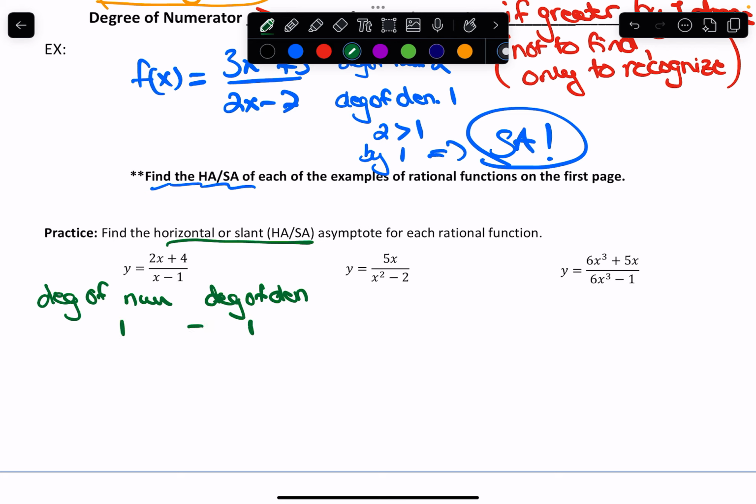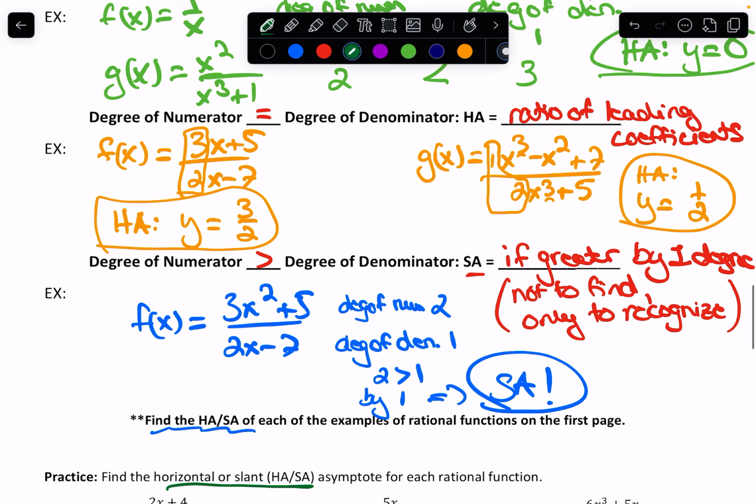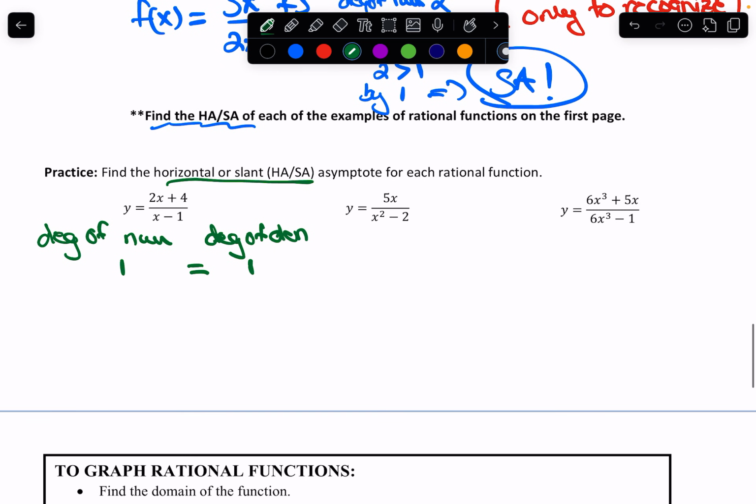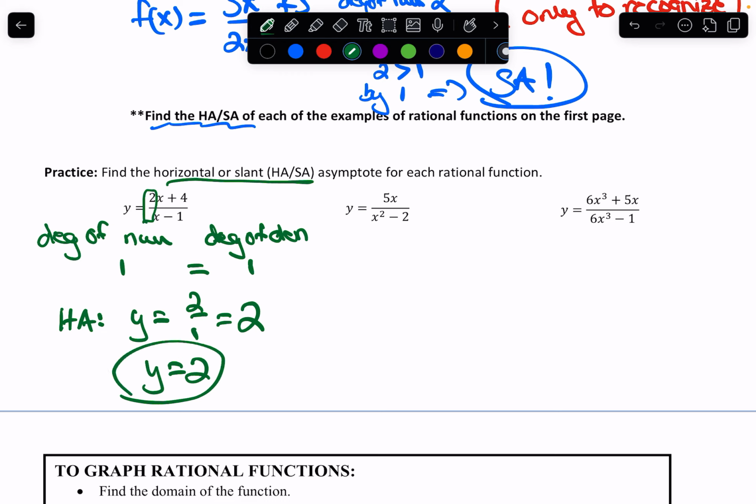So that means that they are equal. So we're going to do the second one where it says ratio of leading coefficients. So our leading coefficients give y equals 2 over 1, which is 2. So it's y equals 2.